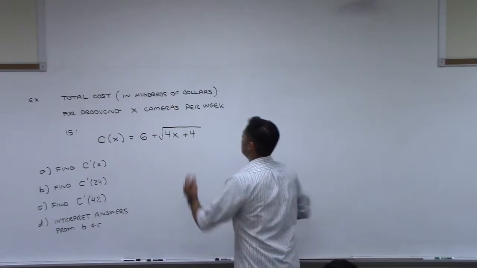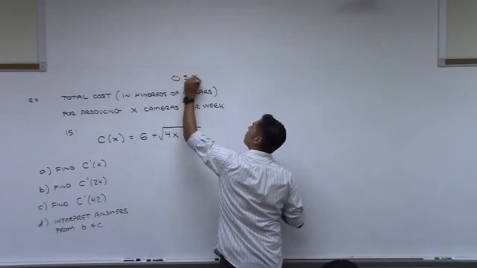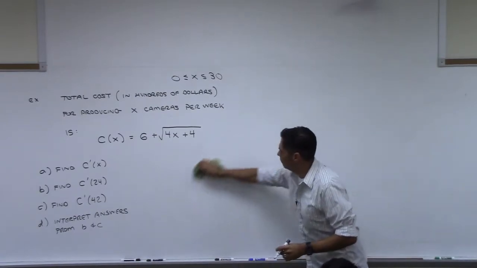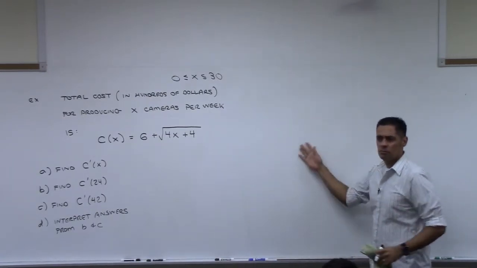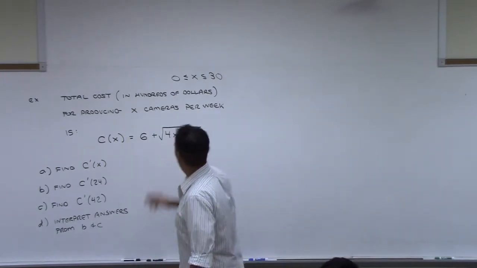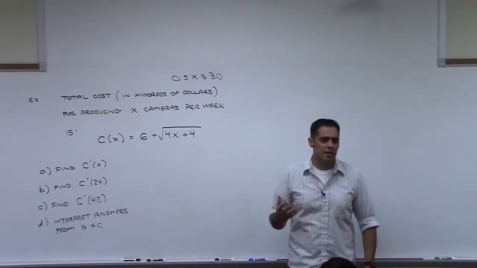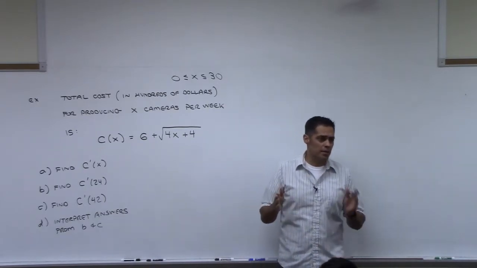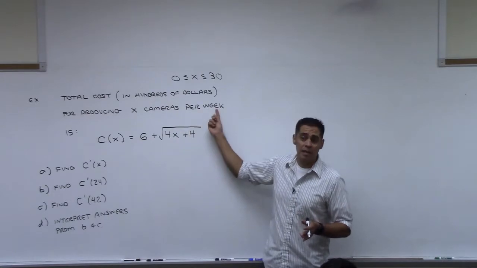Oh, by the way, what was that 0 less than or equal to x less than or equal to 30? What was that all about? What is that telling us? It has to be between 0 and 30. Yeah, so this is telling us that our company can only produce between 0 and 30 cameras per week.